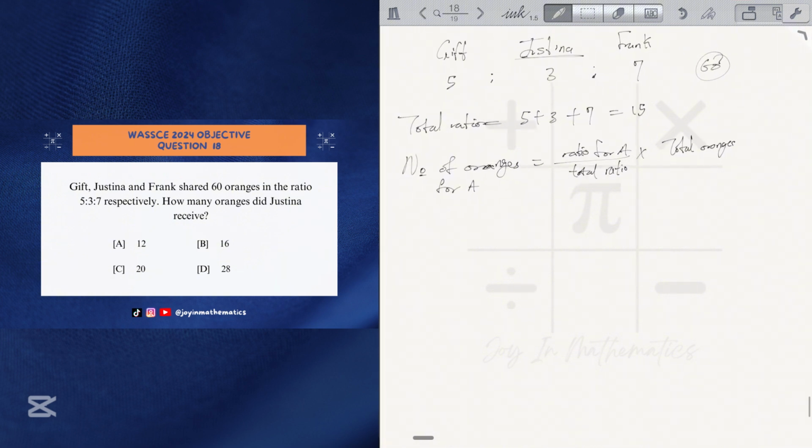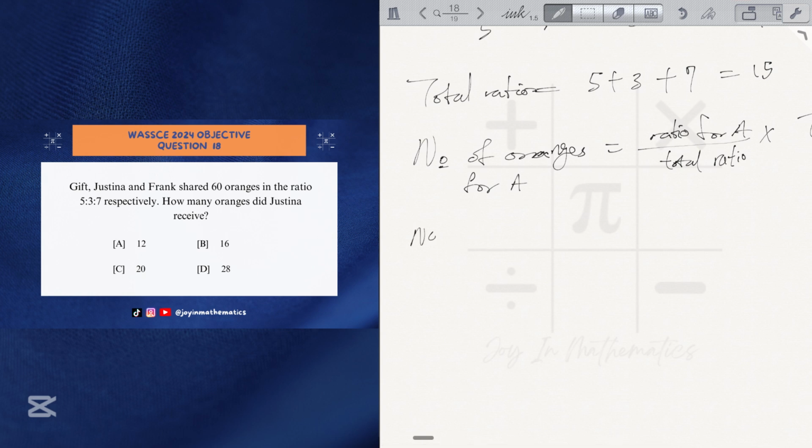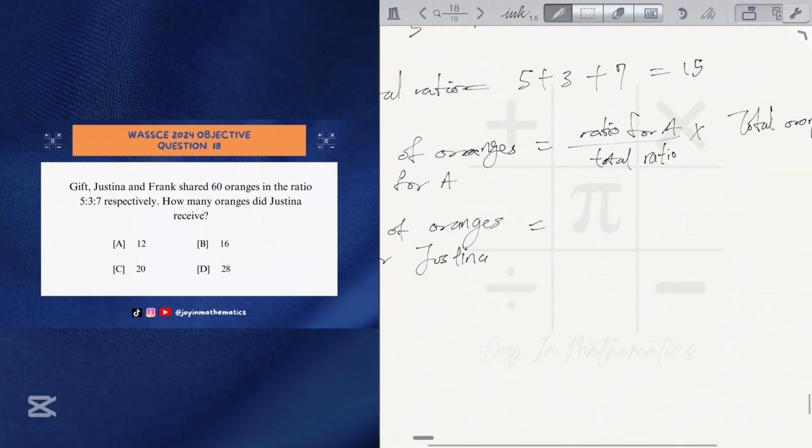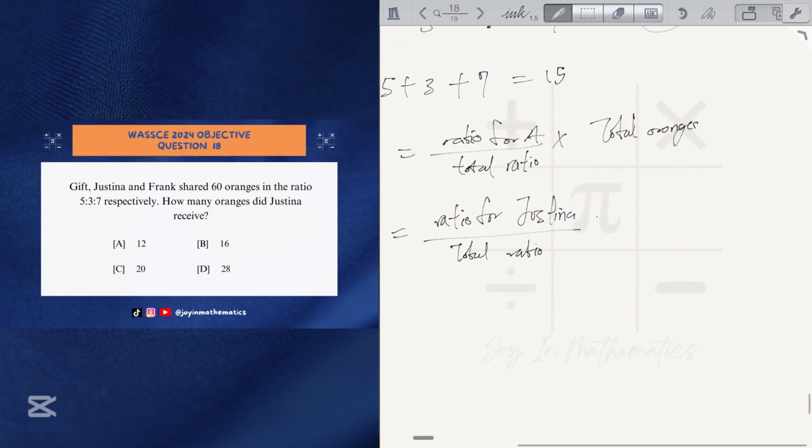All right, so now we can change this A. We'll now write Justina. So the number of oranges for Justina is equal to the ratio for Justina, just for understanding's sake, divided by the total ratio, multiplied by the total number of oranges.